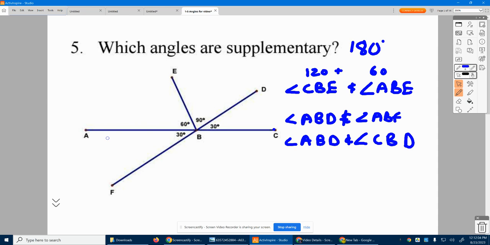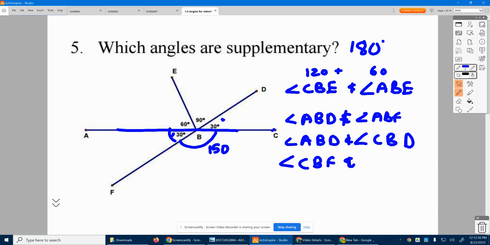Now, we got to look and see, are there any more that would do that? Well, technically there are. We do know that this right here, notice you have a straight line underneath, and this is 30. That makes this guy 150 right here, doesn't it? So this angle right here, CBF, angle CBF, that is 150, it could be added with this 30 or this 30 to make 180.